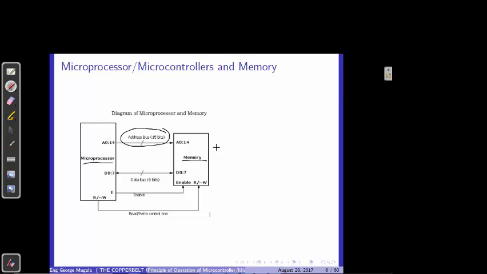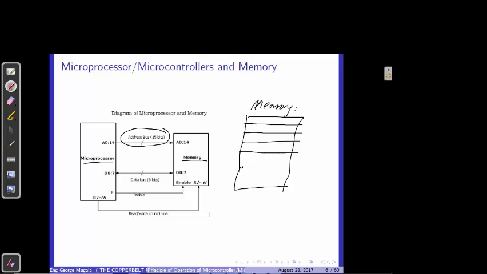Because the memory is divided into cells. I'm explaining these things ahead so that when you meet them, you will see what I'm talking about. No matter how big this memory unit is, it is divided into chunks, pieces of memory.